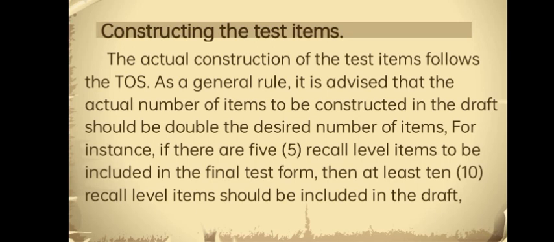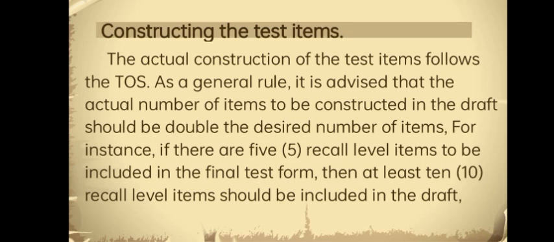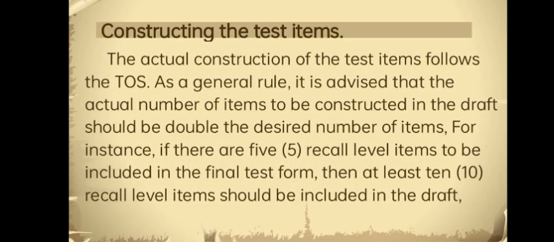Next is constructing the test items. So, the actual construction of the test items follows the table of specification. As a general rule, it is advised that the actual number of items to be constructed in the draft should be double the desired number of items. For example, if there are 5 recall level items to be included in the final test form, then at least 10 recall items should be included in the draft.